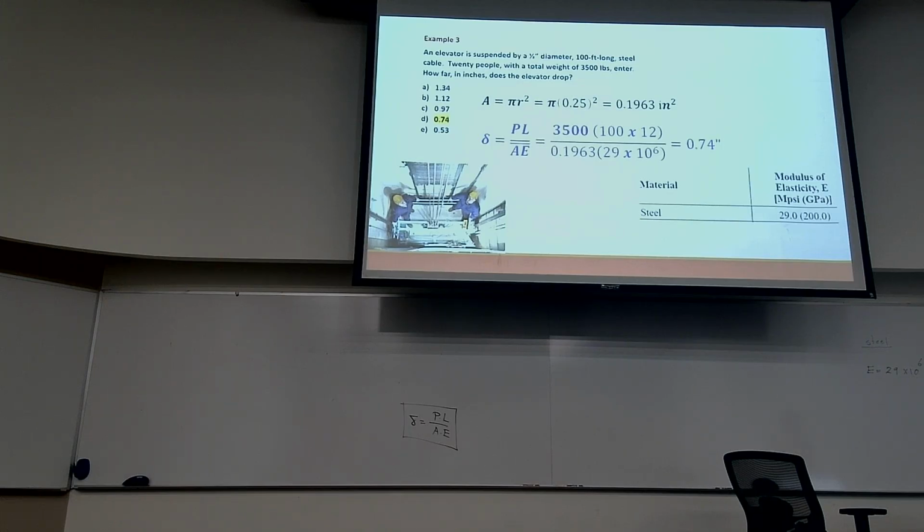In the denominator, we have the area in square inches and E in PSI, and there's the answer, 0.74 inches. Questions about this problem? It's a very basic, simple calculation.